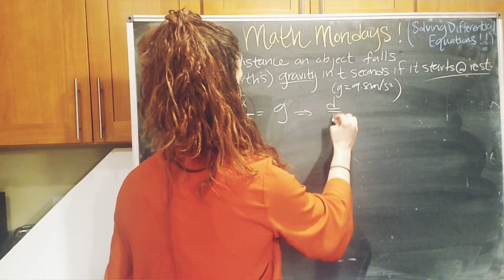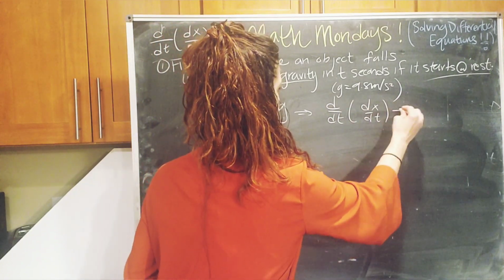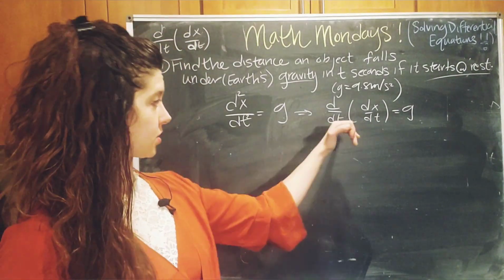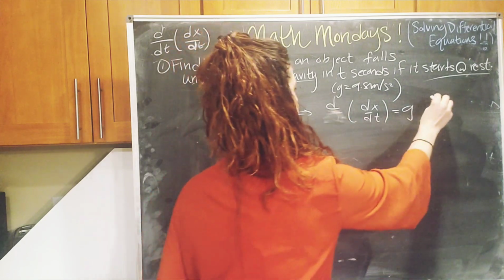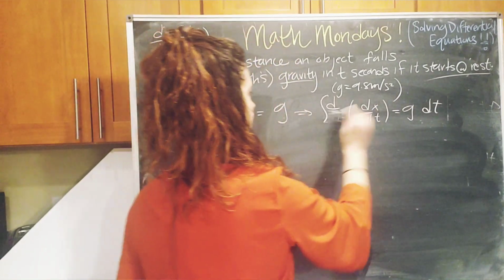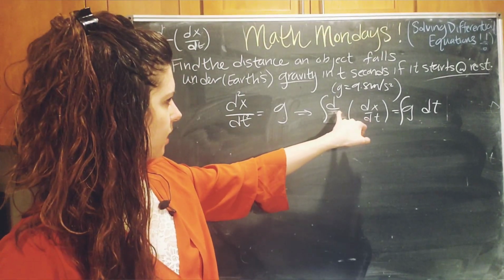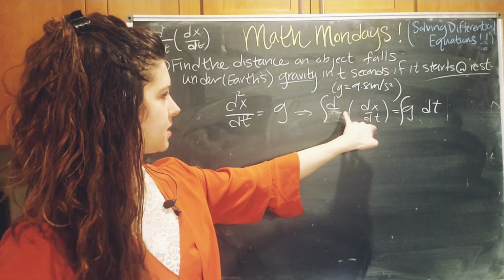And so you have d/dt of dx/dt equals g. And then what you can do is the same thing that we did in our separable solution. You multiply both sides by dt. So I'm going to erase that, g dt, and now we can integrate. So this is interesting. This is kind of a weird notation, but basically this just means a small little piece.